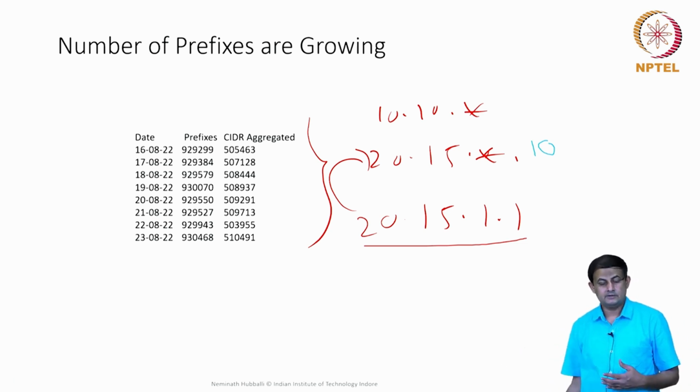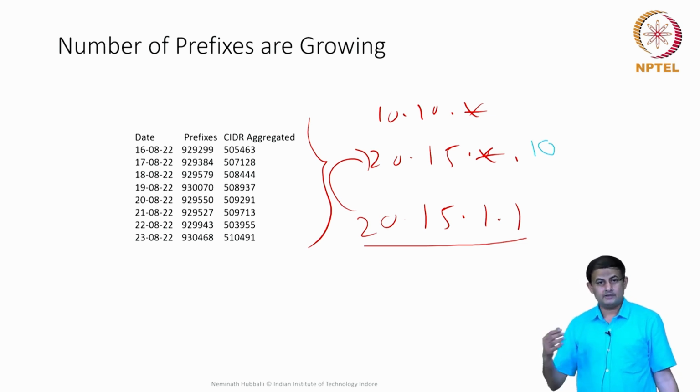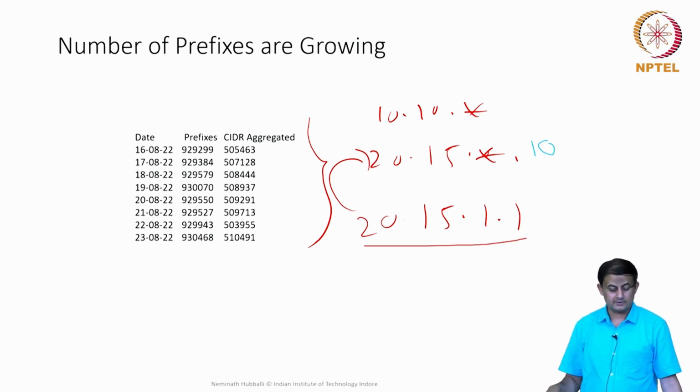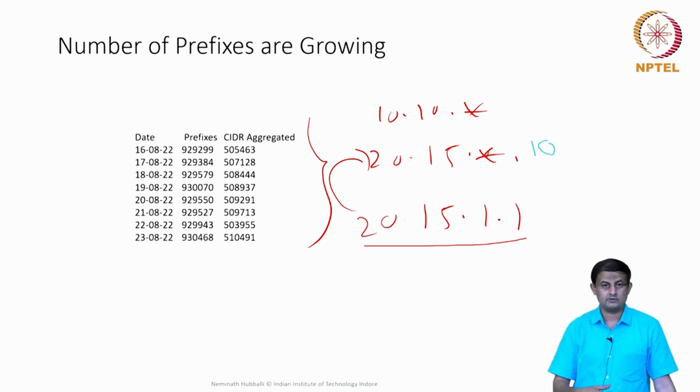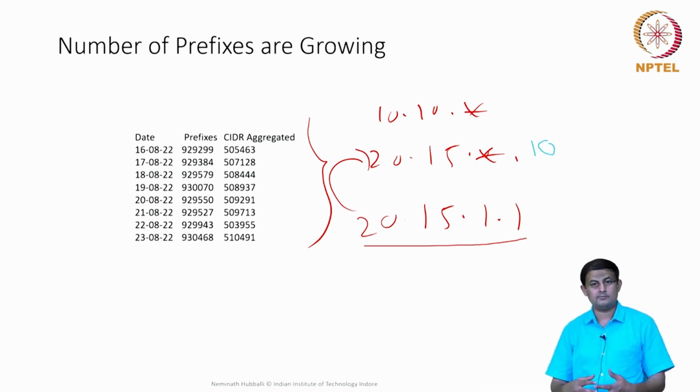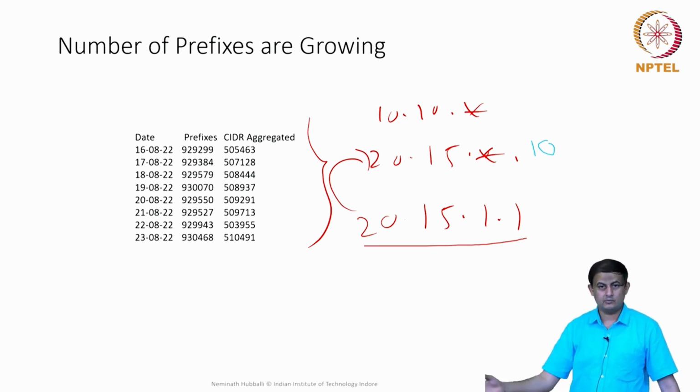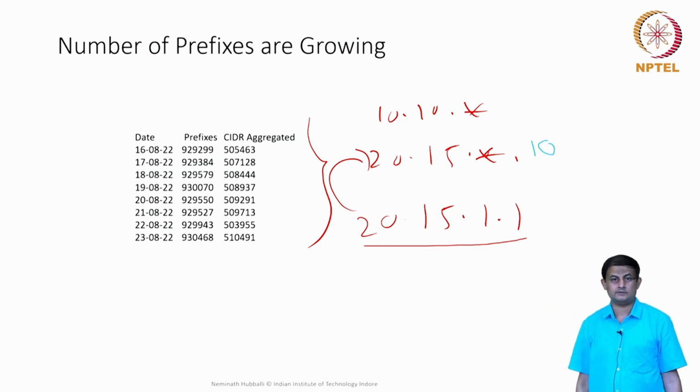This increased number of prefixes will put pressure on the router. As time passes, you need to handle larger routing tables and more searching. So that's going to be a complex thing to do.